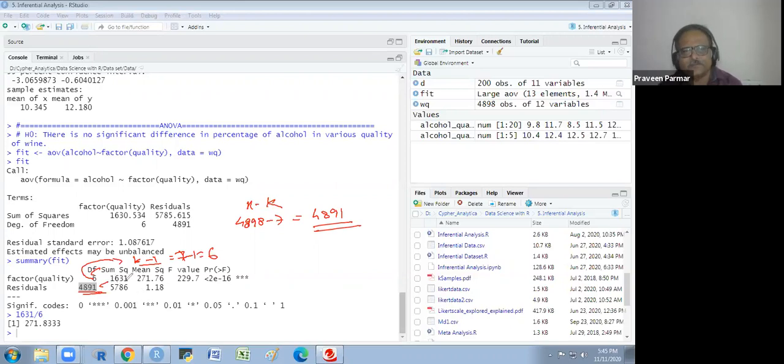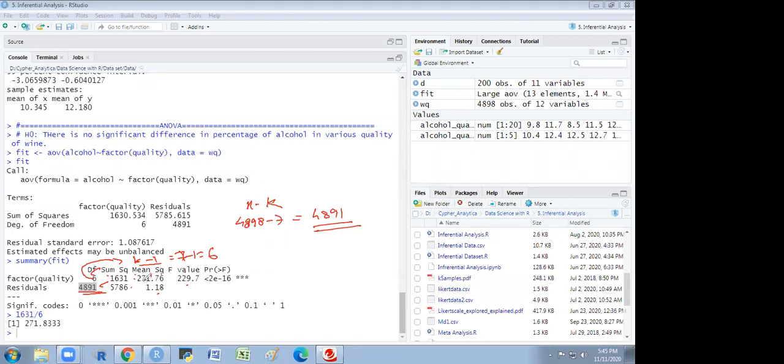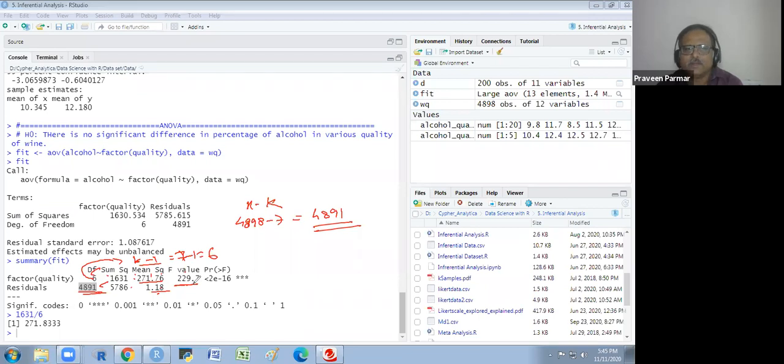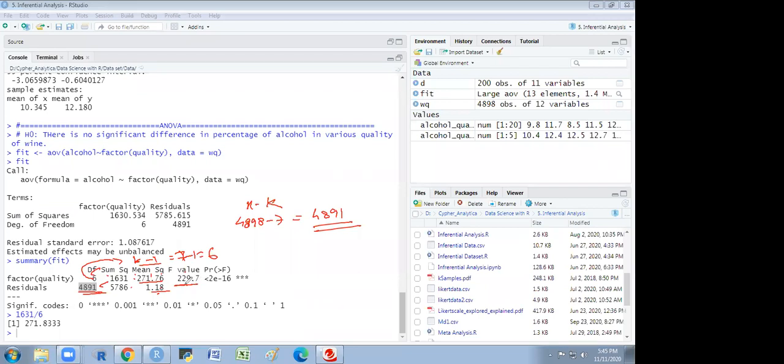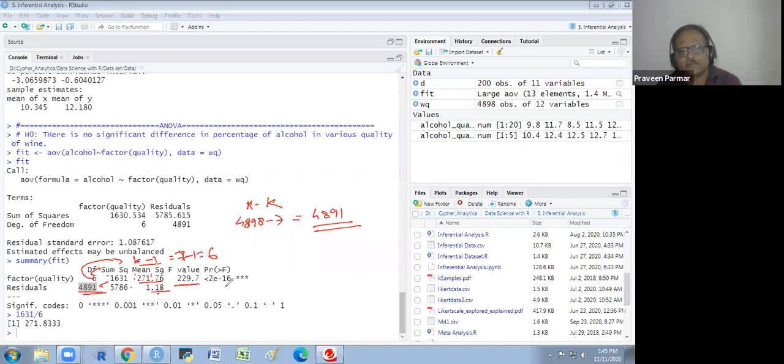We verified it. We have the sum of squares and the mean square, and we divide to get the F value. Then we got the p-value, which is negligible.